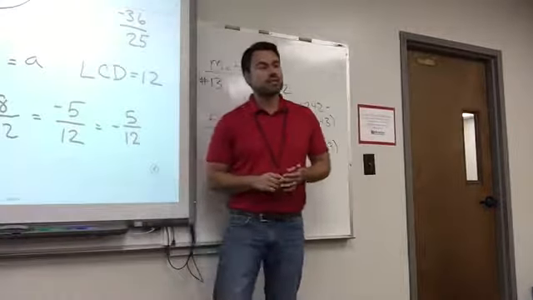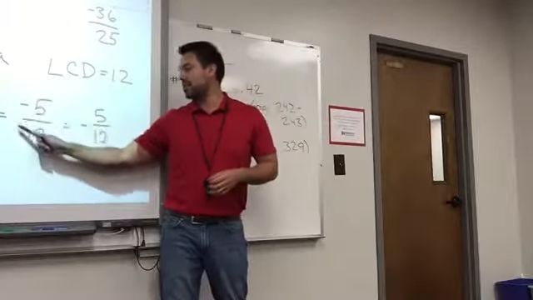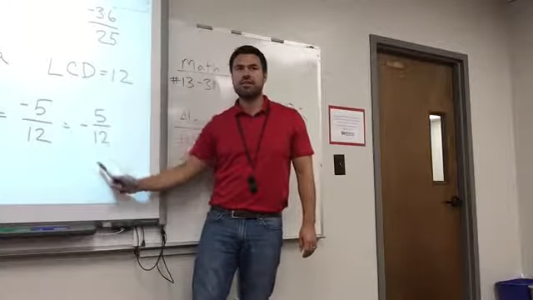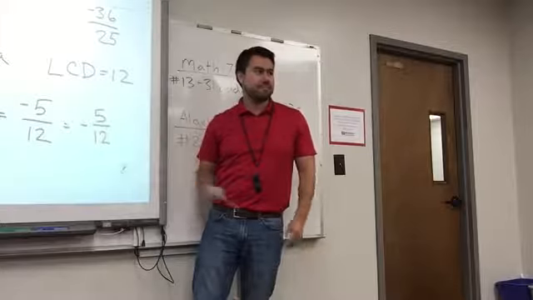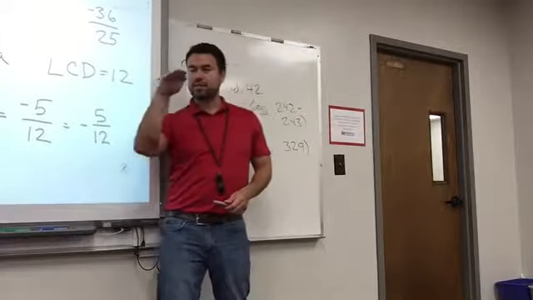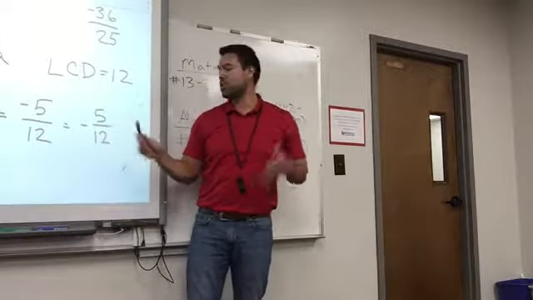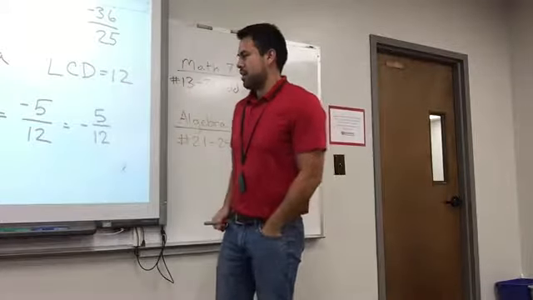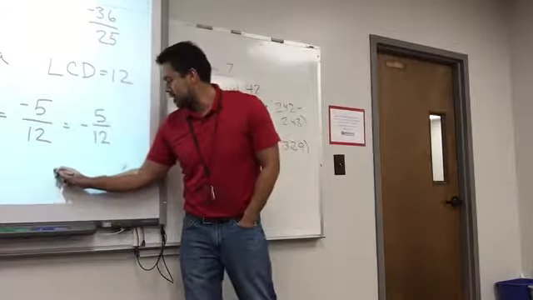I want you guys to start getting used to, if you have an answer like this, that you start writing it like that. I think you guys are ready. So if you get a negative, you want to spread it aside, put it right next to the bar, as best you can. If you don't, I'm not going to mark it wrong, but try to get into that habit. And then what's my answer?